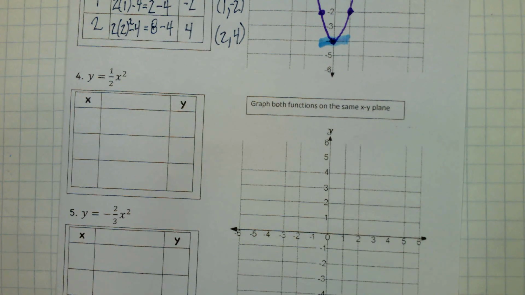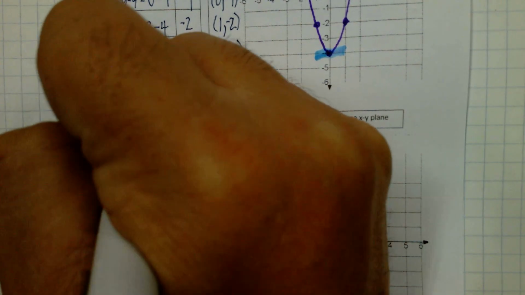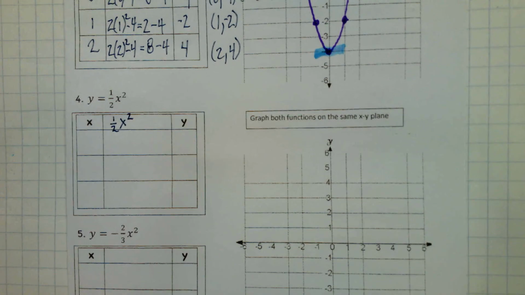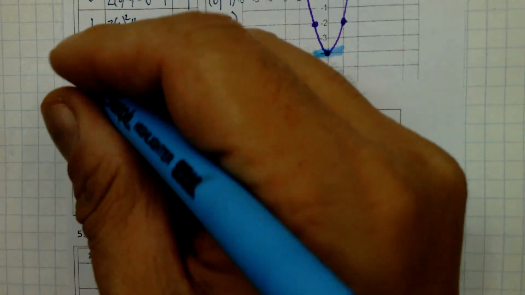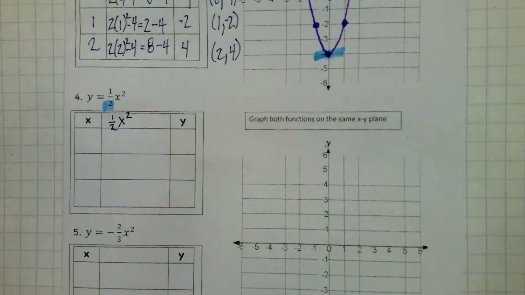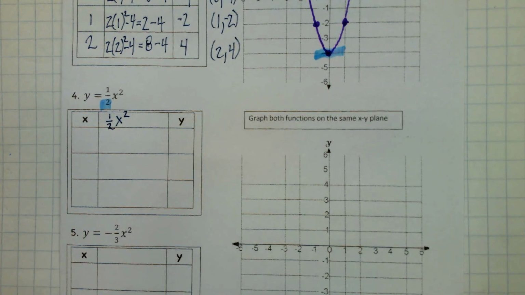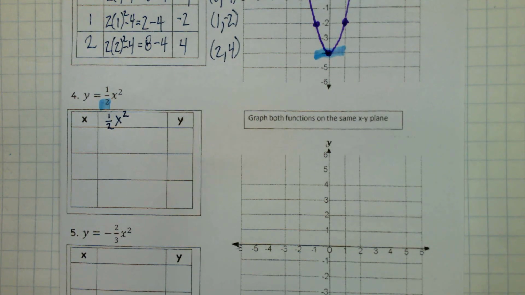So let me write down the formula or the equation part. X squared, 1/2 x squared. And what's the denominator? 2. So that's the key. In order for us to get nice numbers, we want to pick multiples of 2. Okay?